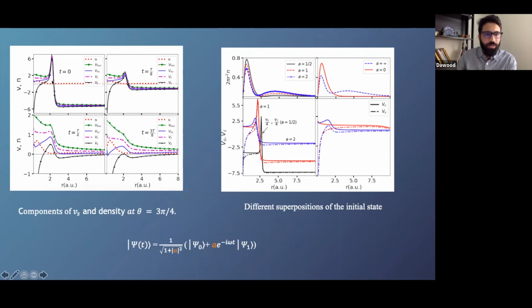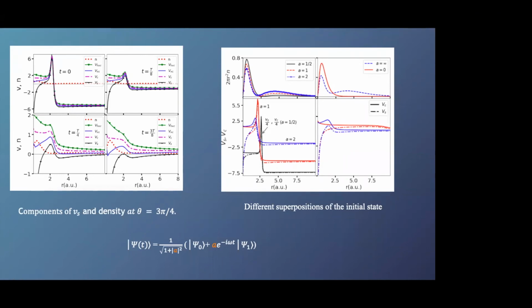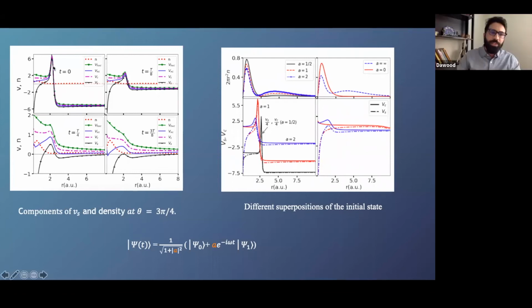But once you get to the region where we have the minimum of the density, where the excited state starts dominating, we have the sharp peak, and then finally it levels down to this value here. So we again see the peak and the step features that we saw in the one-dimensional case.